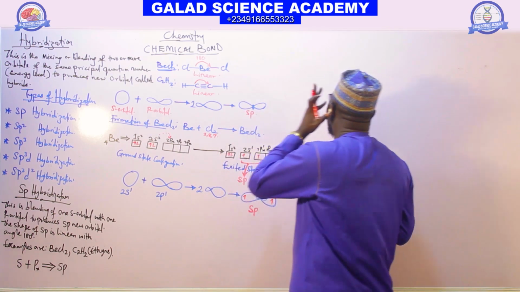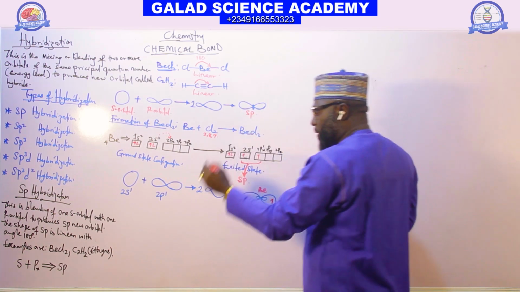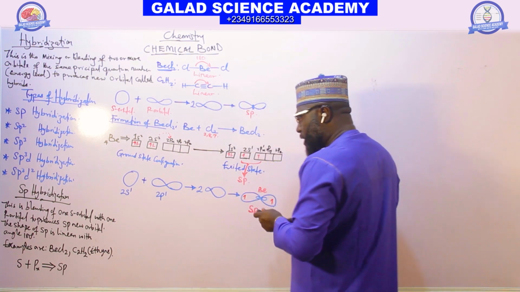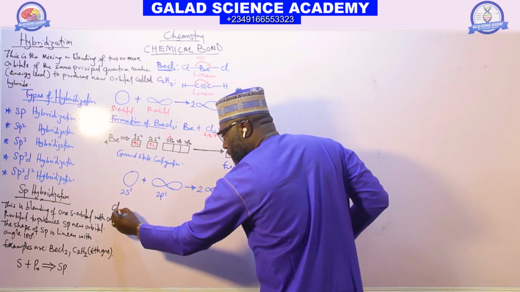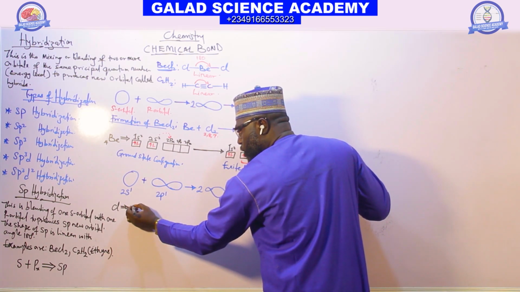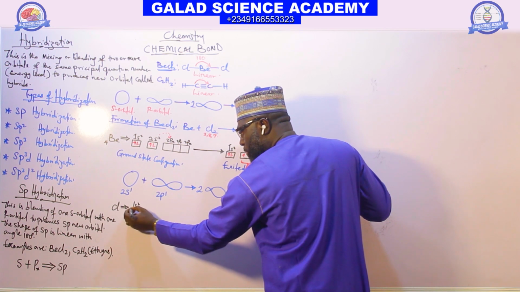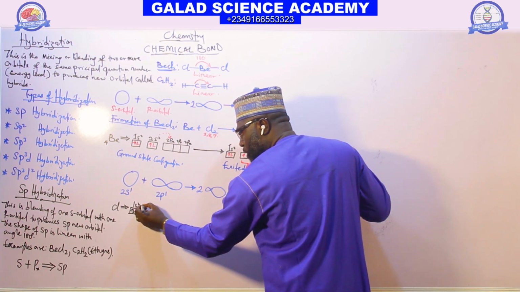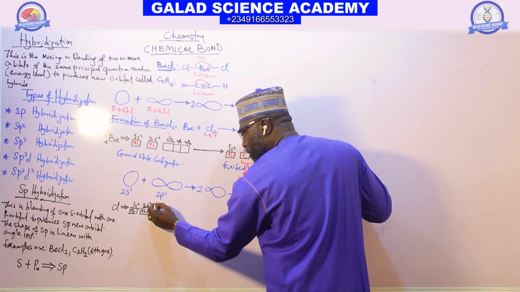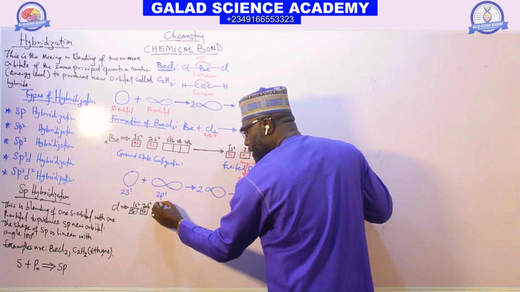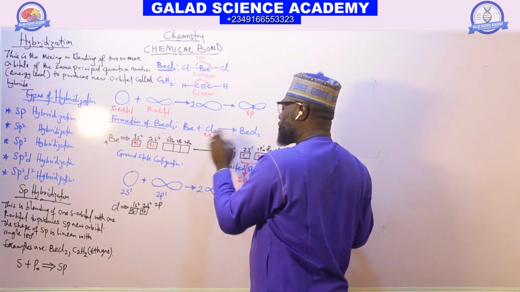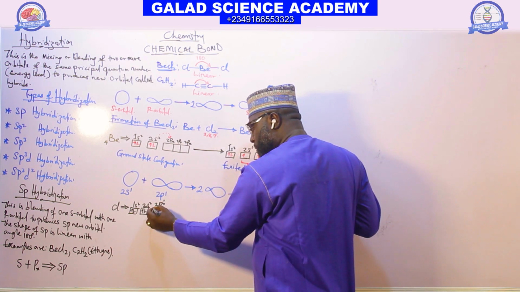Let's check the configuration for chlorine, the chlorine that beryllium reacts with. Let me write it first: 1s2, 2s2, 2p6.